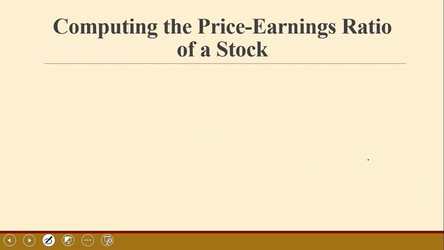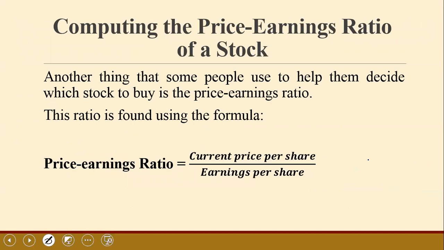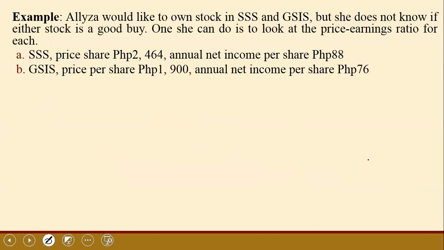Another one is the price earnings ratio of stock. Another thing that some people use to help them decide which stock to buy is the price earnings ratio. So we're going to use this formula in computing for the price earnings ratio. Example, Eliza would like to own stock in SSS and GSIS, but she does not know if either stock is a good buy. So what she can do is look at the price earnings ratio for each.